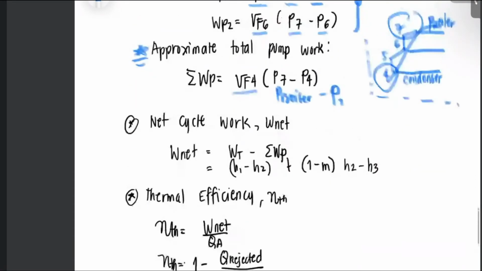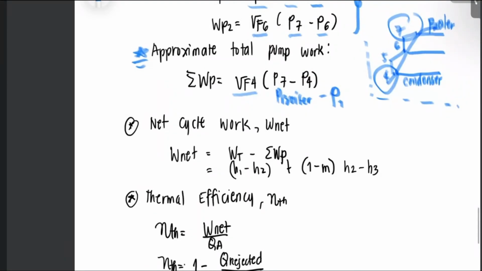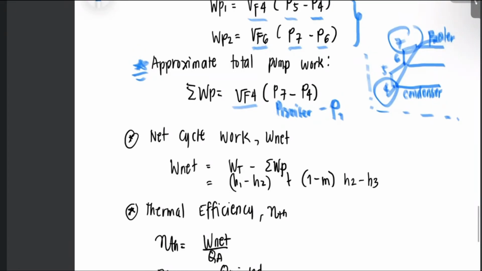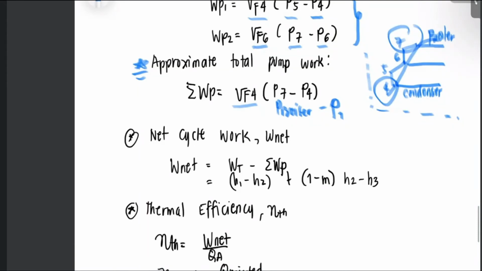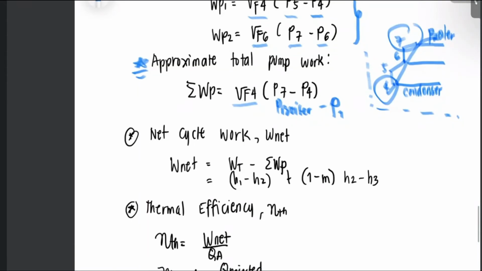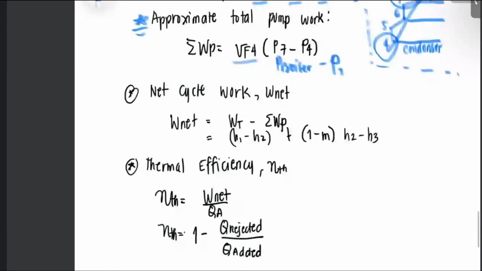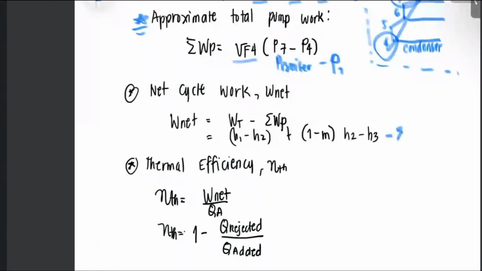And using the necessary equation, or the equation derived from the work of the pump and the total pump work, we can make use now of the work net in the system. May kulang akong nasulat. So, minus summation ng work ng pump.